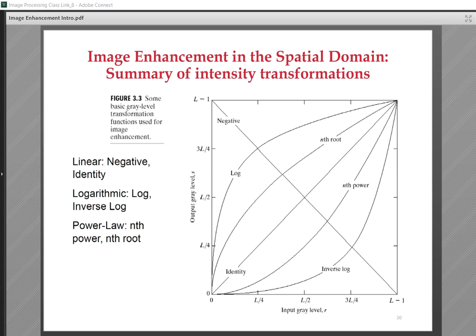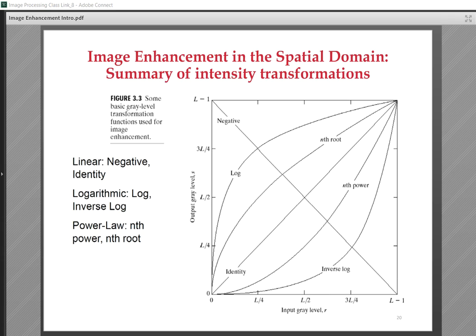Go to the last slide for this time for spatial image enhancement: image enhancement in the spatial domain, a summary of intensity or gray level transformations.